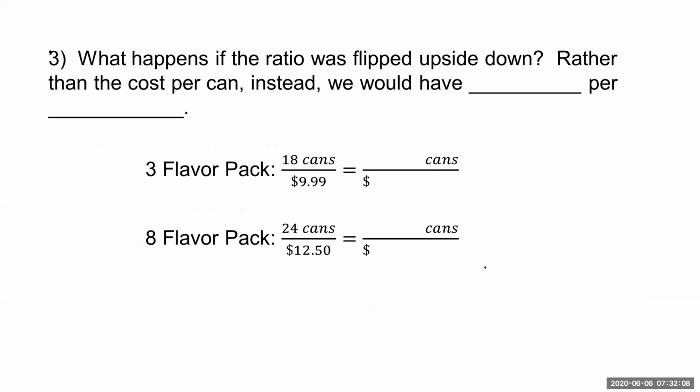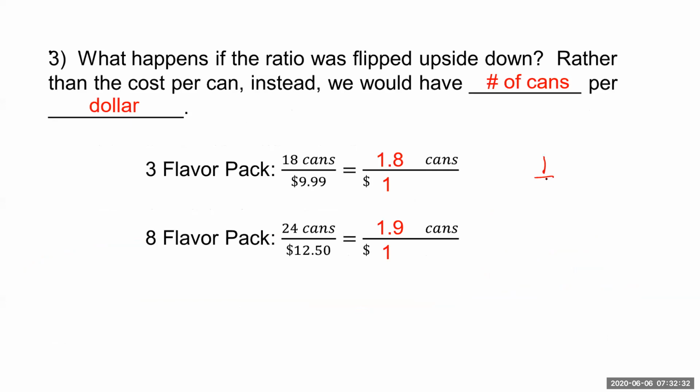Nice. Now, what happens if the ratio was flipped upside down? Here we are going to realize that the order of the ratio is very important. So if you flipped it, if you made a mistake and flipped it to cans per cost, you are going to have a different choice, and that wouldn't be the right choice. So order of a ratio is very, very important. Now, let's pay attention to this.